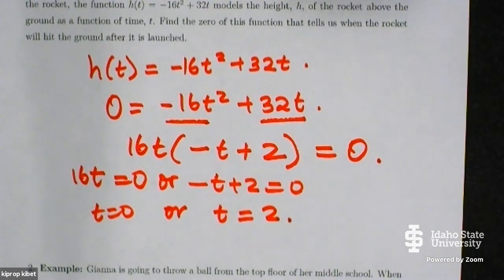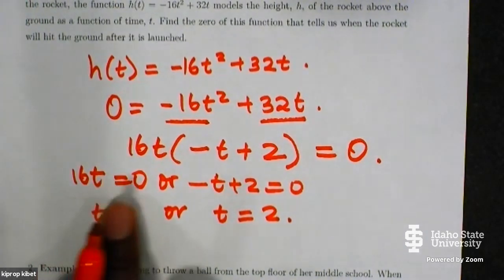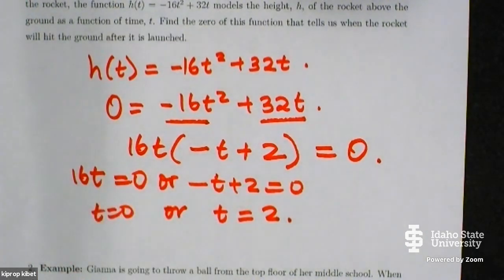So that one is step number 5, solve the equation using the appropriate algebra technique. And step number 6 is check the answer in the problem. Make sure it makes sense.